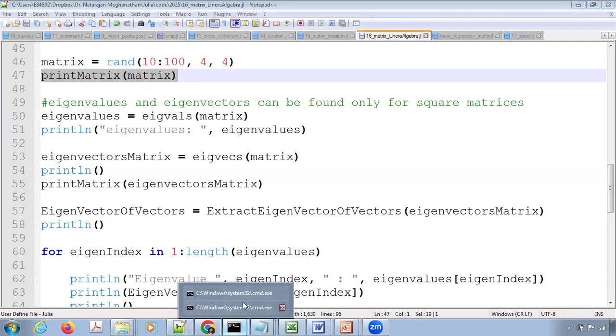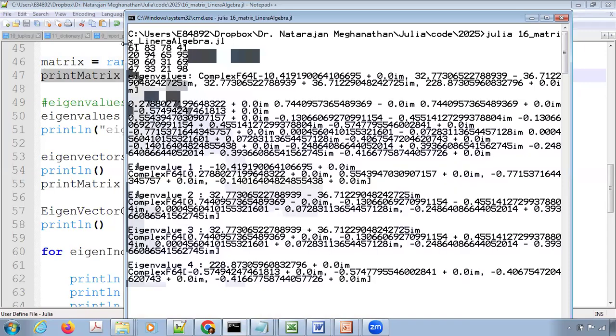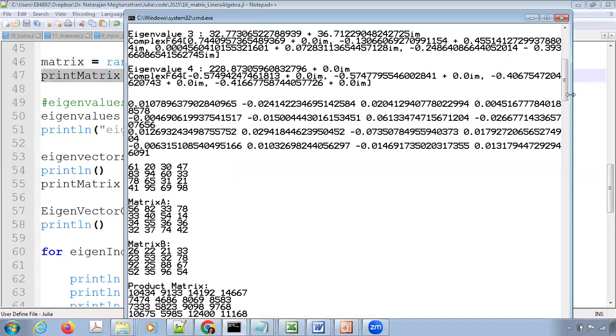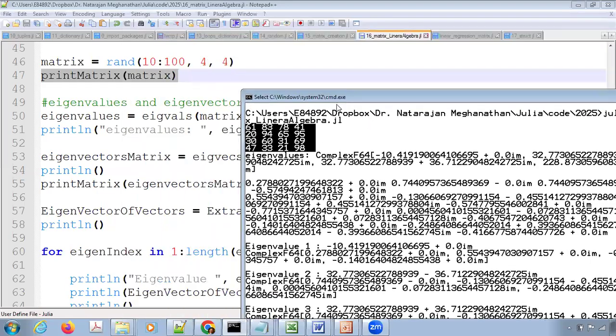So let's see how it gets printed. So this is how it gets printed. So each element in this matrix is from 10 to 100, 4 rows and 4 columns.